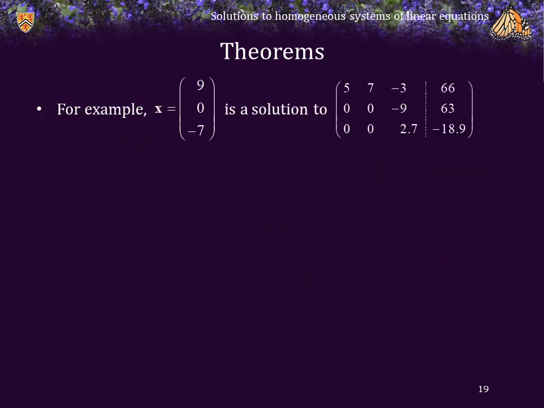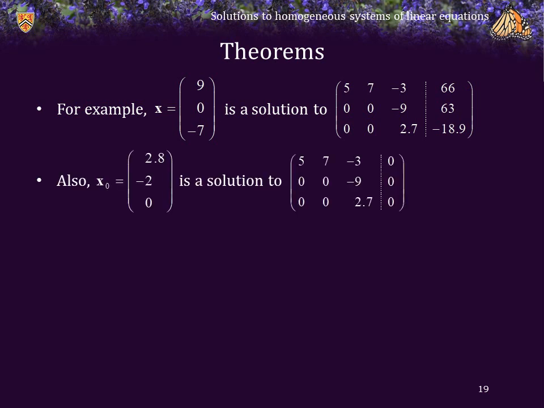For example, this vector x naught is a solution to this non-homogeneous system of linear equations. Also, this vector is a solution to the corresponding homogeneous system of linear equations.